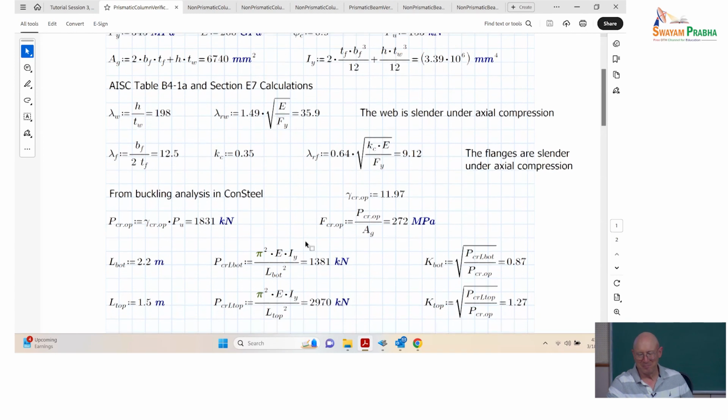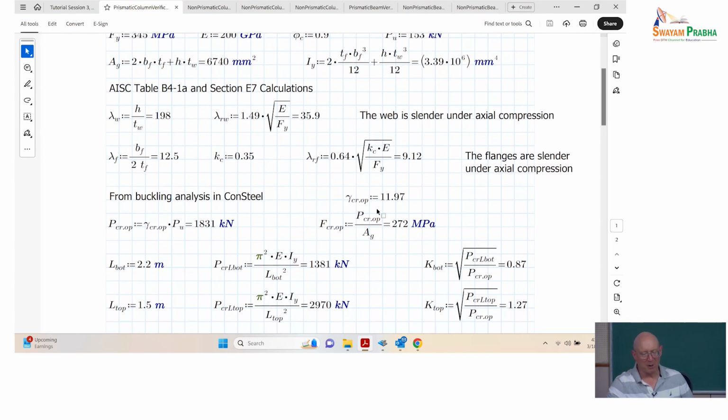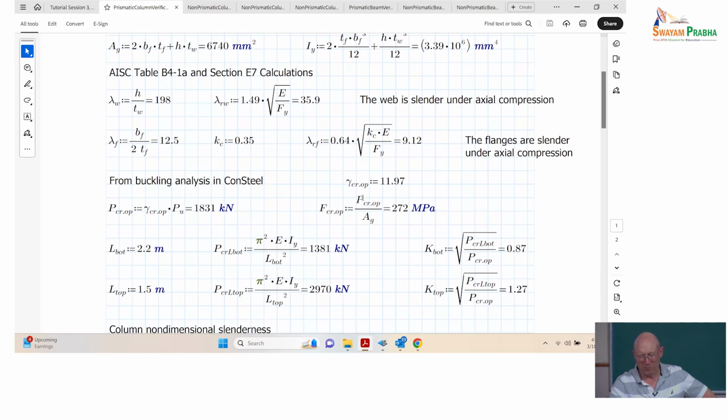Lots of fun. So I showed you, we did the buckling analysis. In Consteel, we got 11.97. We're kind of throwing around notation a little bit here. So using the preferred American term, we've got a gamma, and I've told you a couple of times now that in the AISC spec, we're trying to move in the direction of anything that's an elastic buckling quantity, a subscript cr.